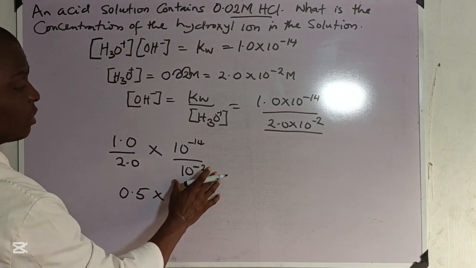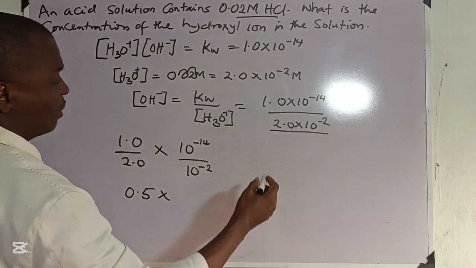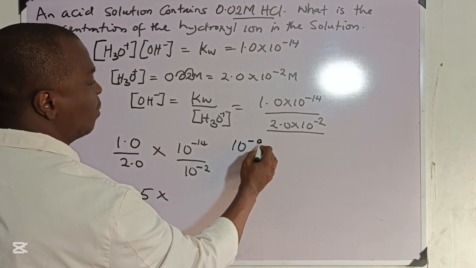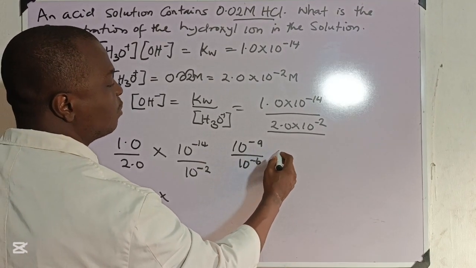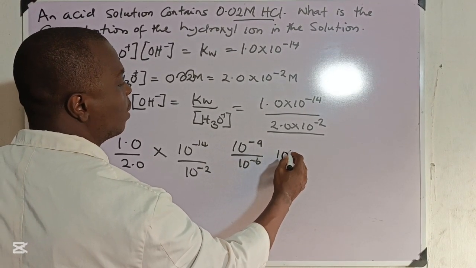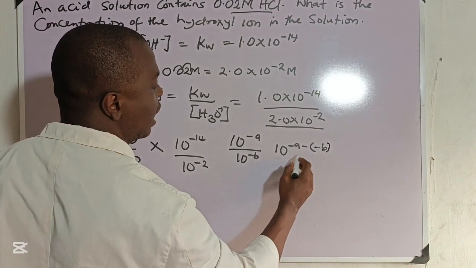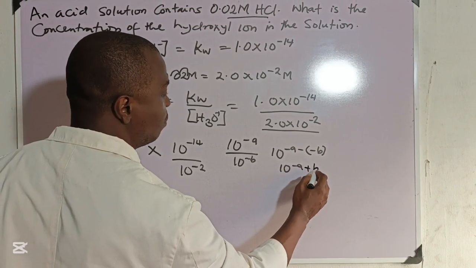Then coming to the powers of 10, we will solve this using laws of indices. When you have something like 10 raised to power minus a over 10 raised to power minus b, this can be solved to be 10 raised to power minus a minus b, and this can come down to be 10 raised to power minus a plus b.